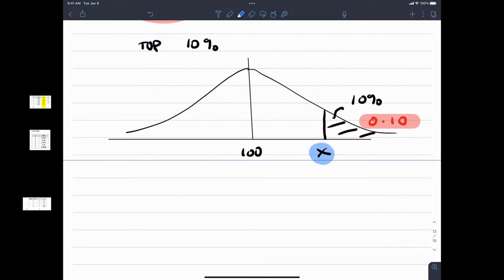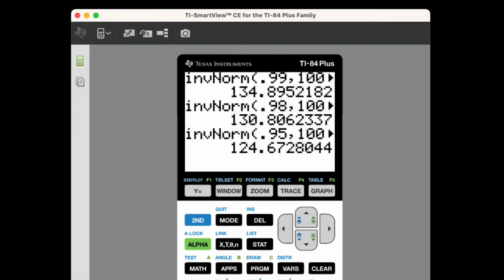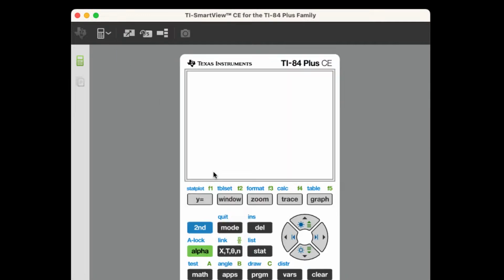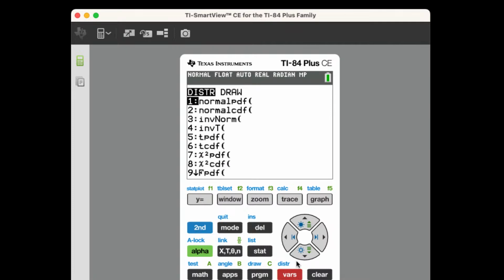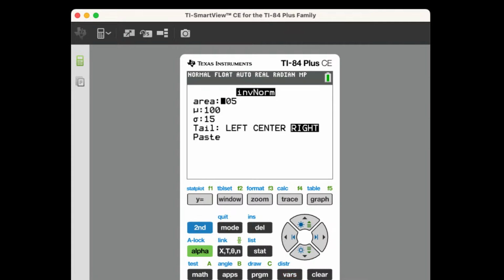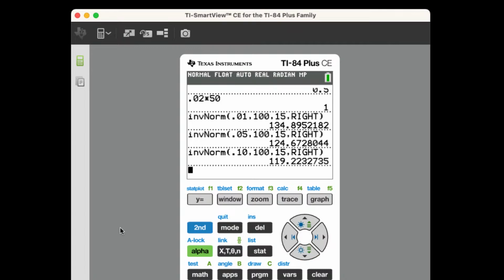So what do we do? Let's go fancy dancy. Second distribution, inverse norm. You guys know what 10% is? Isn't that 0.1? It's the top, so it's area to the right. Top is on the right, is that right?